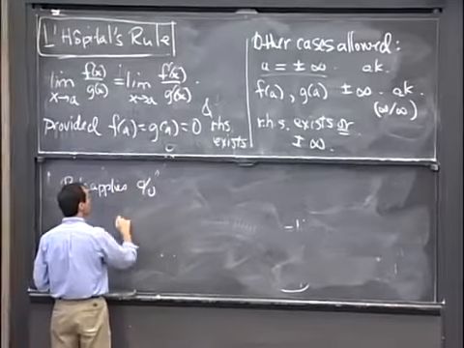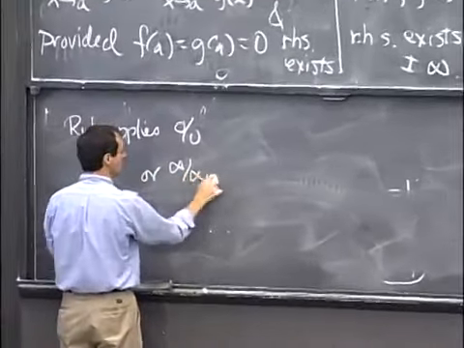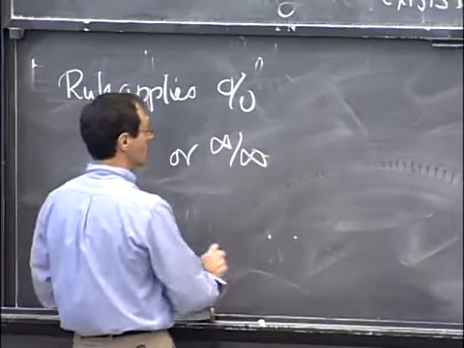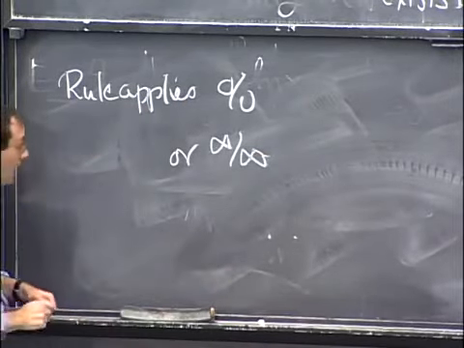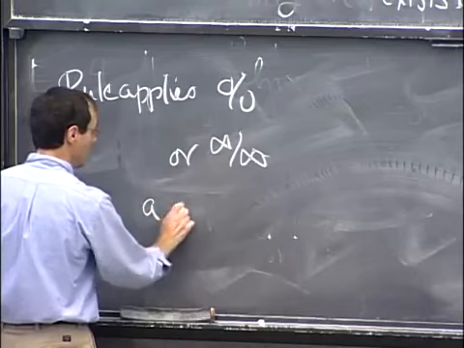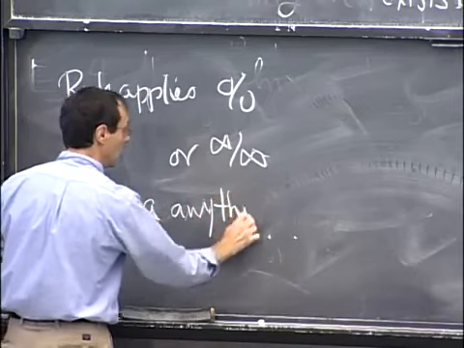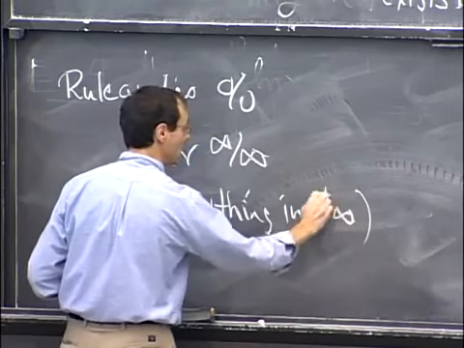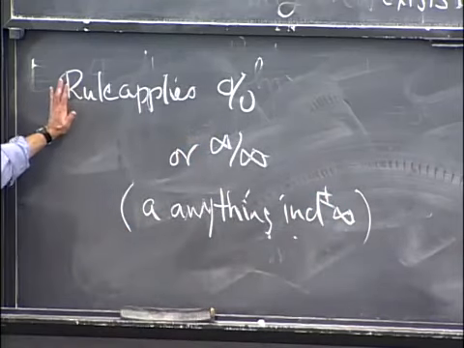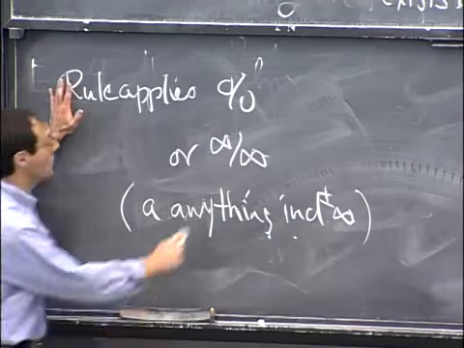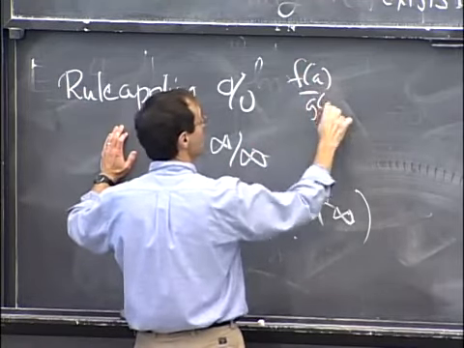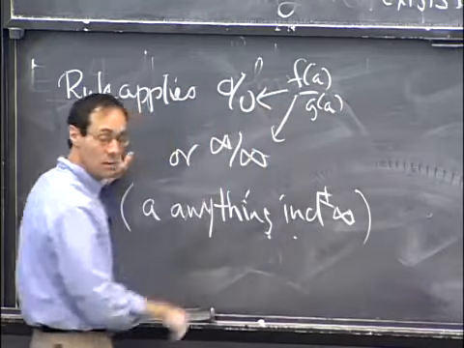So let's see. The rule applies in the 0 over 0 or infinity over infinity case. These are the only two cases that it applies in. Okay? And a can be anything, including plus or minus infinity. Okay, the rule applies in these two cases. So in other words, this is what f of a over g of a is, either one of these.